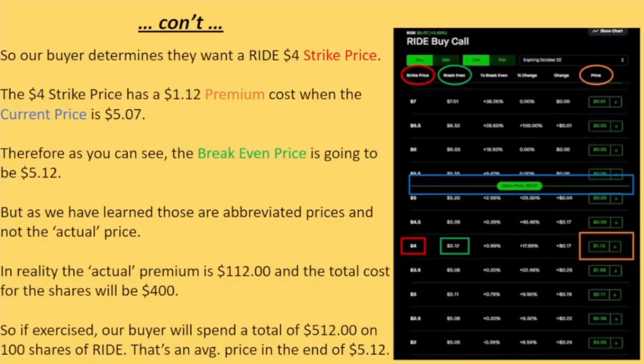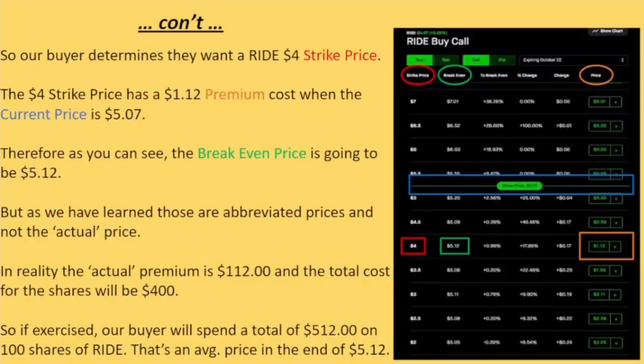The current share price is $5.07, because that's what the actual shares are trading at currently when the picture was taken. The premium price was $1.12, and the strike price that we were choosing it on was a $4 strike price. So again, if we take our actual premium, which would be 100 shares times the $1.12, coming up to $112, and then we take the final share cost, which is strike price times 100, we can know that our total finalized exercise contract, if we bought this one, would equal $512.